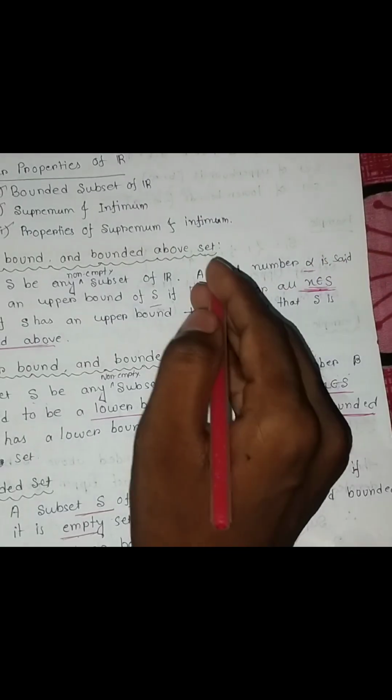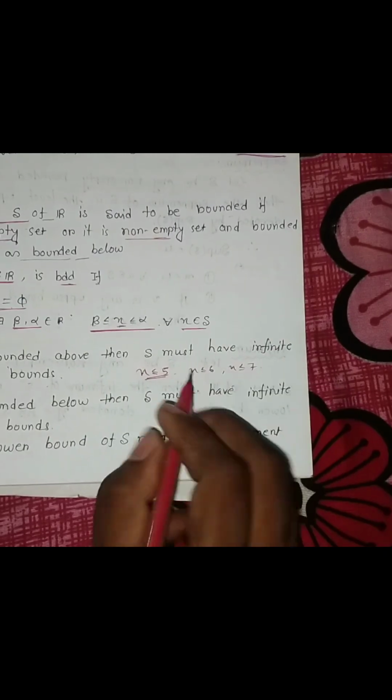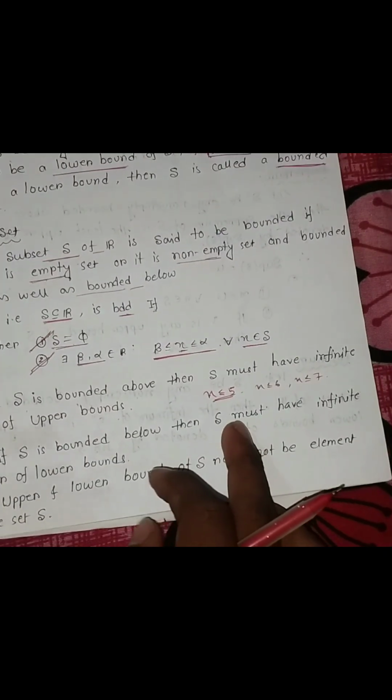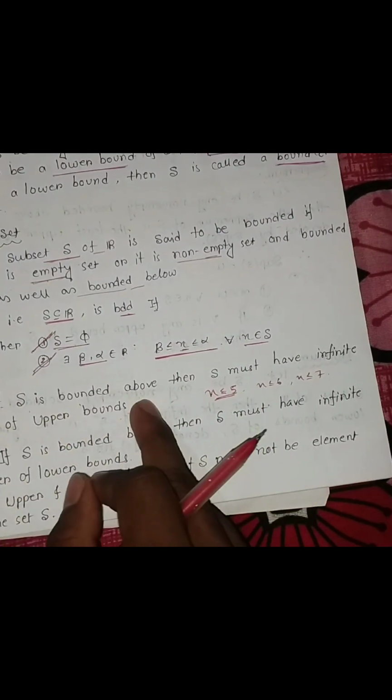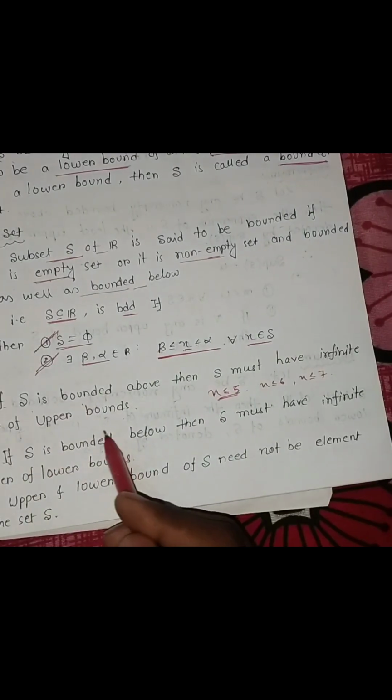For example, if x is less than or equal to 5, then x less than or equal to 6 is also true, and x less than or equal to 7 is also true. So there is no limit on upper bounds. That means there can be an infinite number of upper bounds.